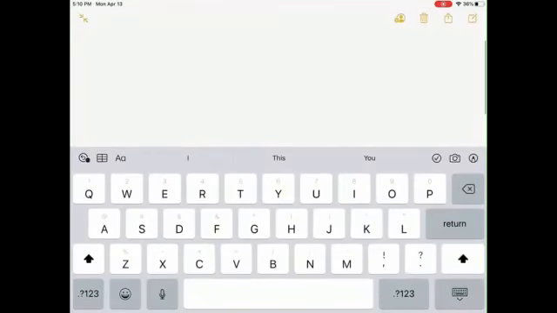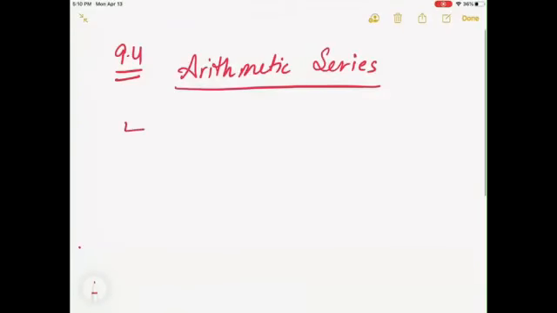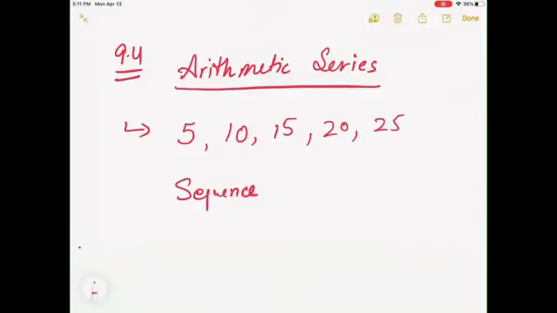So what I'm going to do first, I'm still going to show you an arithmetic sequence first. So let's say I have 5, 10, 15, 20, 25. This is a sequence. But let me tell you one thing. I can change this into a series. How? Let me show you. It's going to be pretty quick. Trust me. All right.